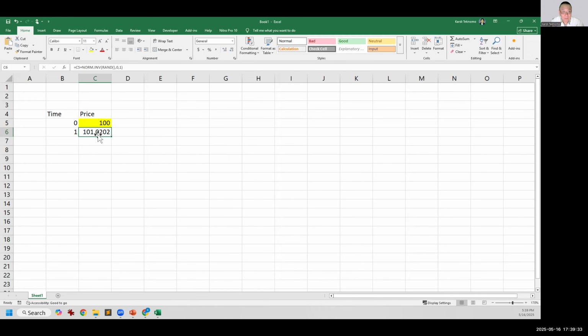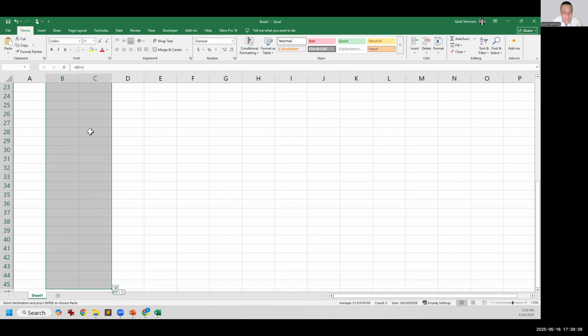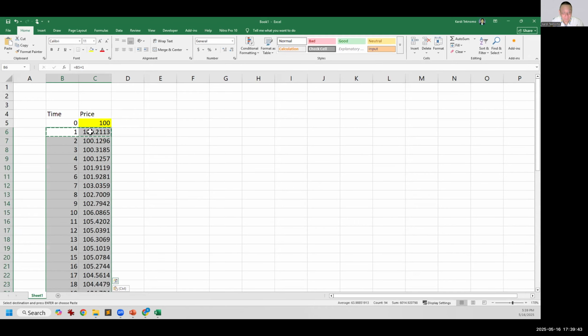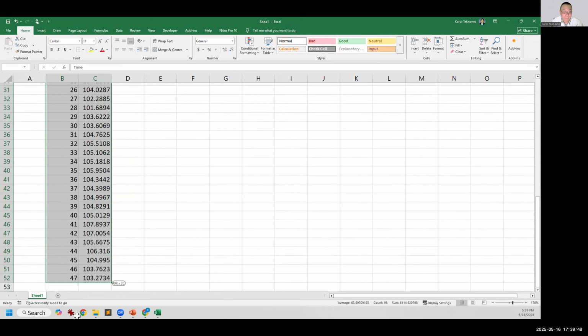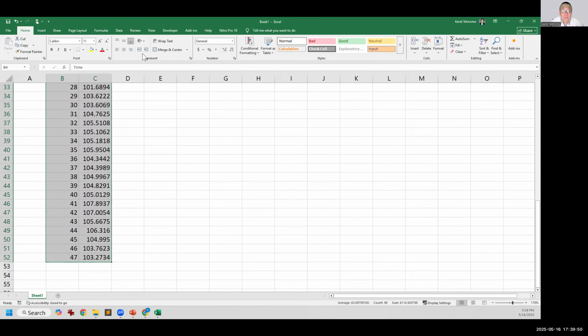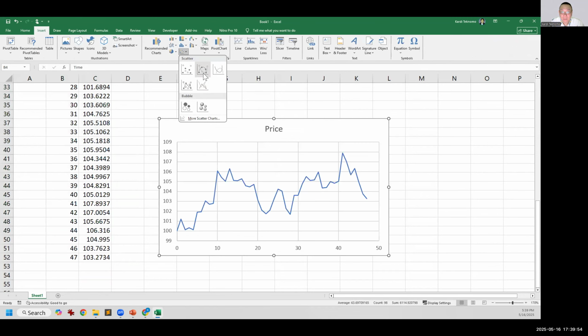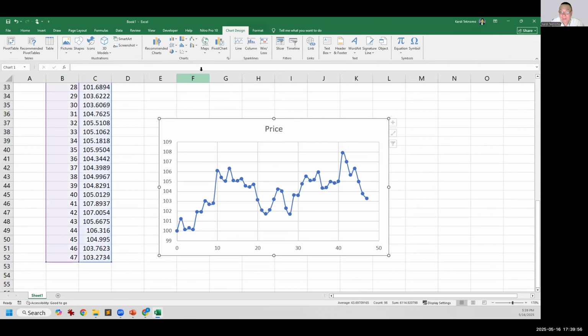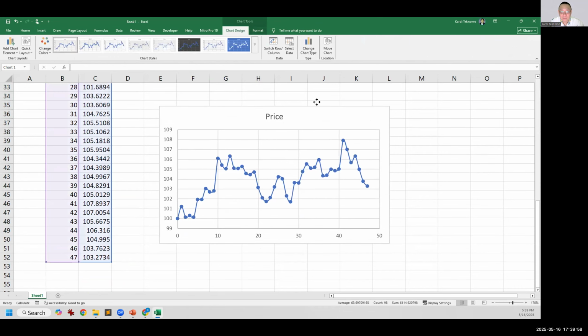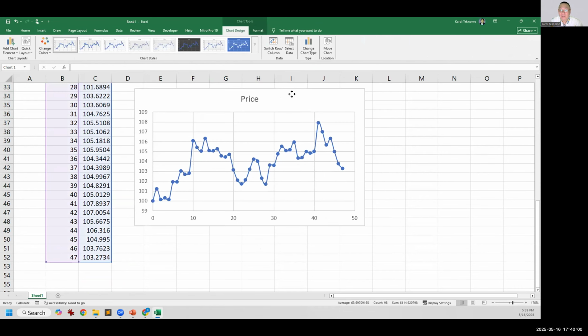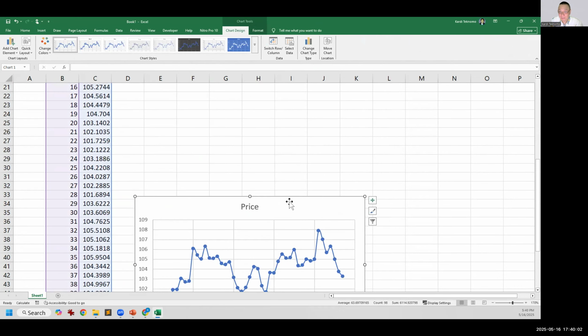So I got this value. Then I copy this and make it, say, up to 50. And then now we plot this. There, you get the time series data.